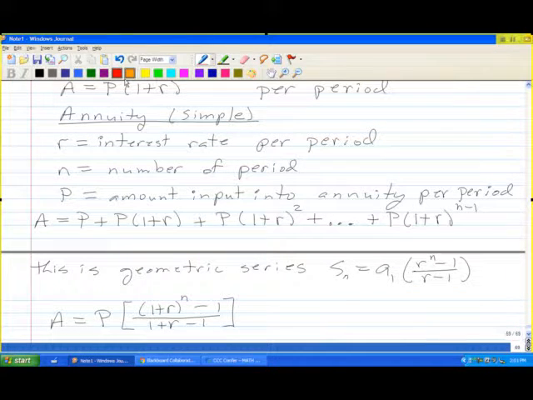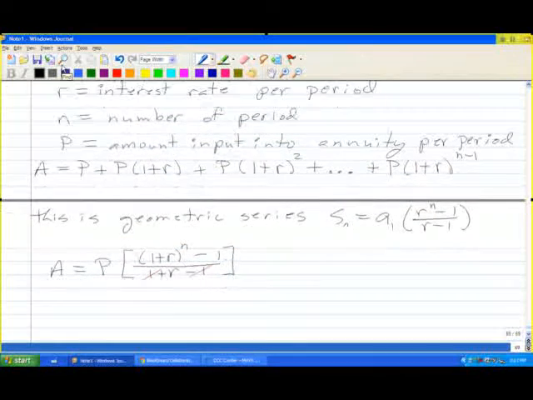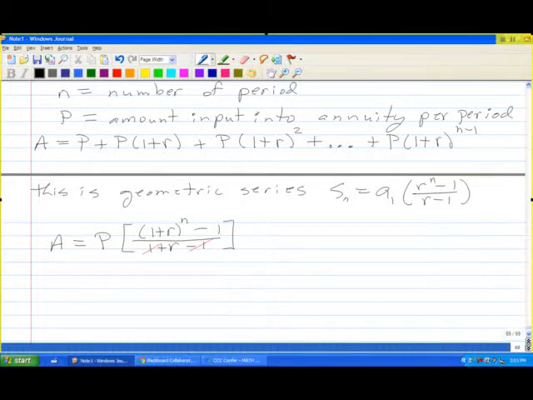Now the 1's cancel, and so I get the formula: A equals P times 1 plus r to the n minus 1 all over r. And so that is the formula for a simple annuity.